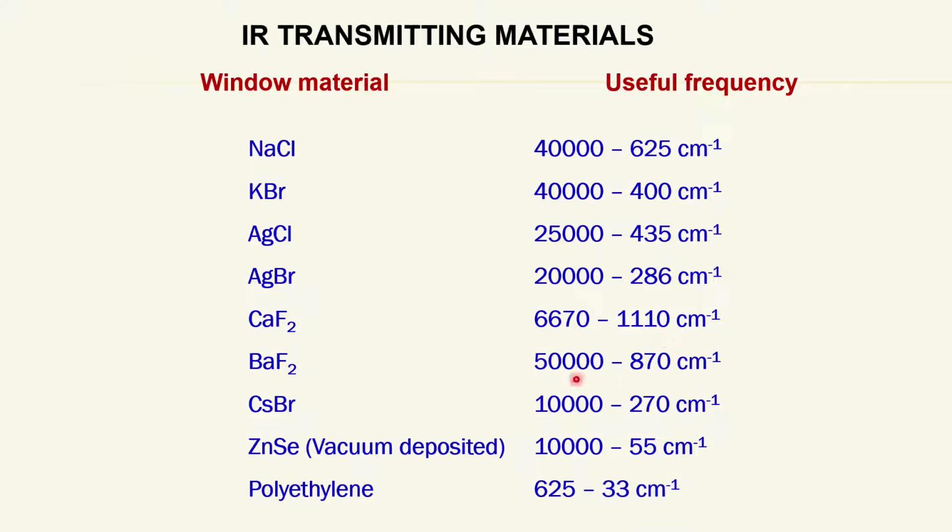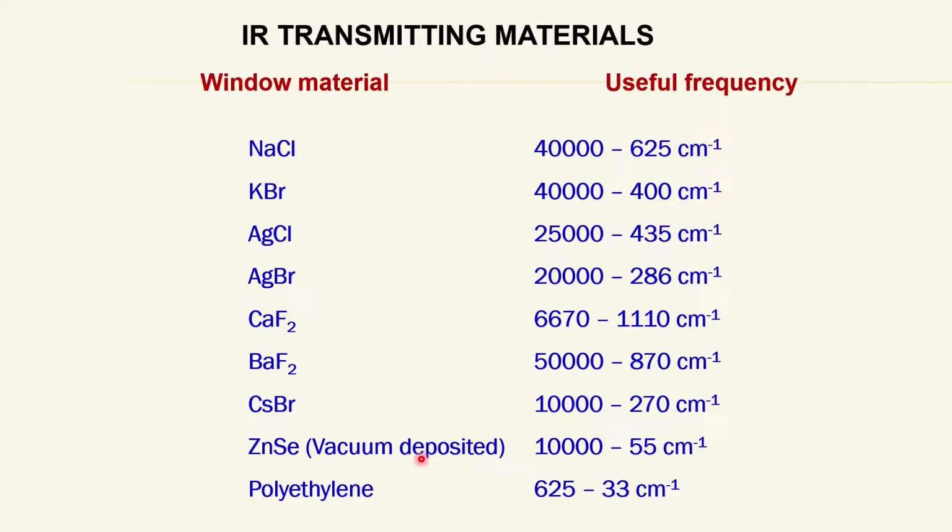Barium fluoride is another one, quite good, but not very popular. Cesium bromide goes up to 270, zinc selenide is good up to 55 centimeters inverse, that is almost into the far IR range, but the problem is it is a vacuum deposited cell.